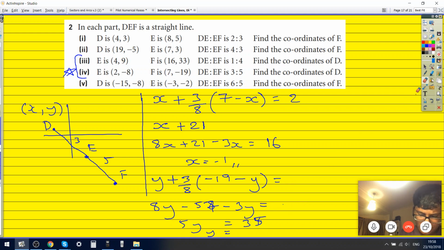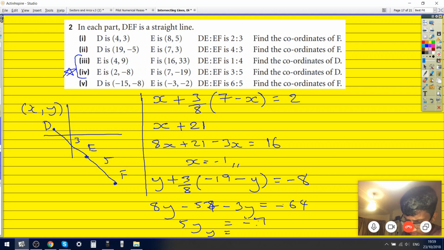Okay, let's see. Over on this side gives you minus 8. If you multiply everything by 8, that would be minus 64. Yeah, right, so minus 64. So 57 minus 64 is minus 7.